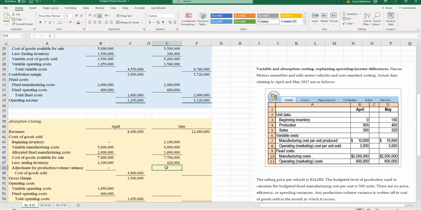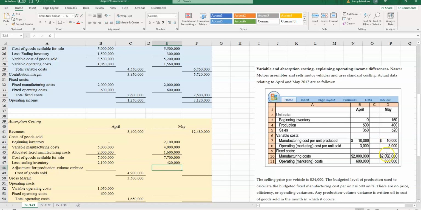Now let's look at the adjustment for production volume variance. This is simply the difference between the full fixed manufacturing cost of $2 million and the amount of allocated fixed manufacturing overhead.